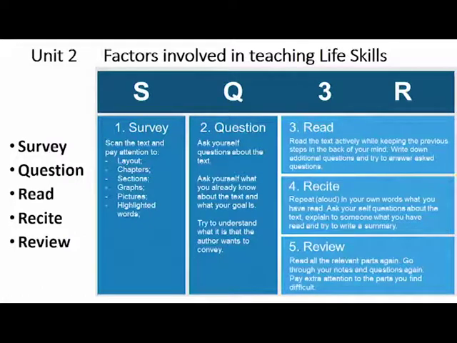Review means to read all the relevant parts again, so you have identified the relevant parts, and go through your notes and questions again. Pay extra attention to those parts that you find difficult. So this is a very simple and easy study skill that you can teach to your learners.